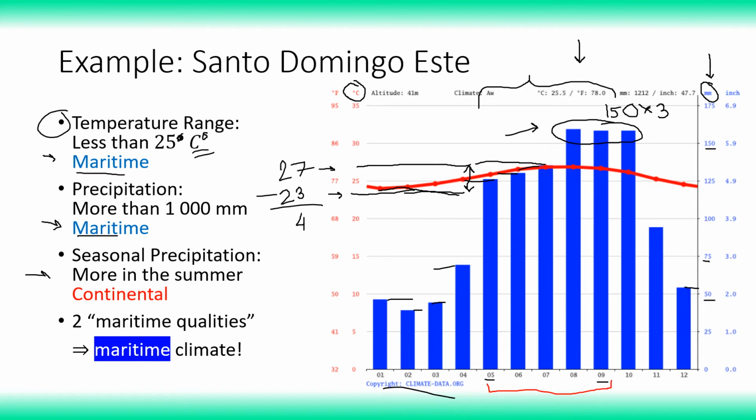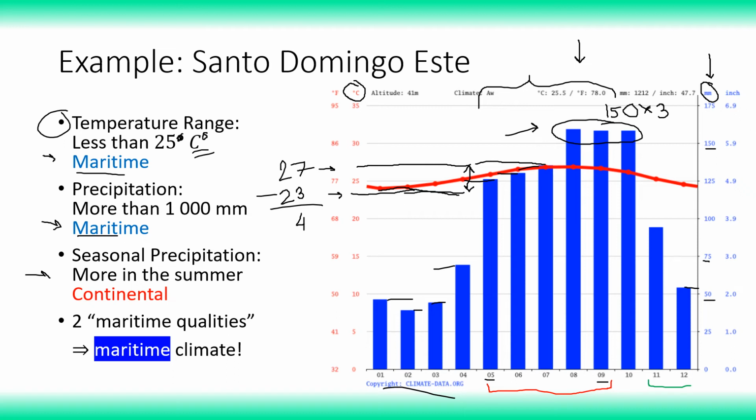This is May to September. But if you're looking at something in the southern hemisphere, like southern Argentina or South Africa, then your summer months over there would be maybe like November to February or November to March or something.